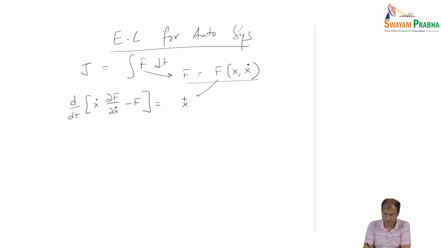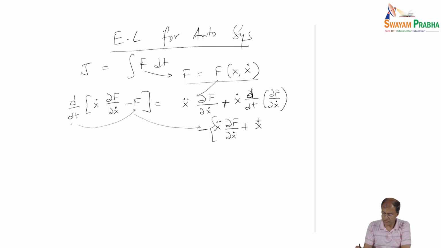Using the chain rule, this is x double dot partial f partial x dot plus x dot d dt of partial f partial x dot, minus x double dot partial f partial x dot plus x dot partial f partial x.